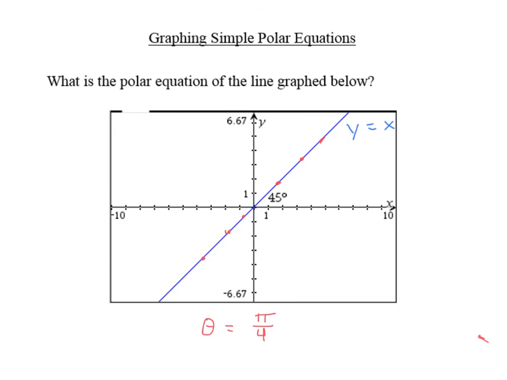So this is a very simple equation. It's a simple equation in Cartesian as well, but it's also a simple equation in polar. And generally, most graphs that revolve around the pole or go through the pole tend to have a fairly simple equation in polar.